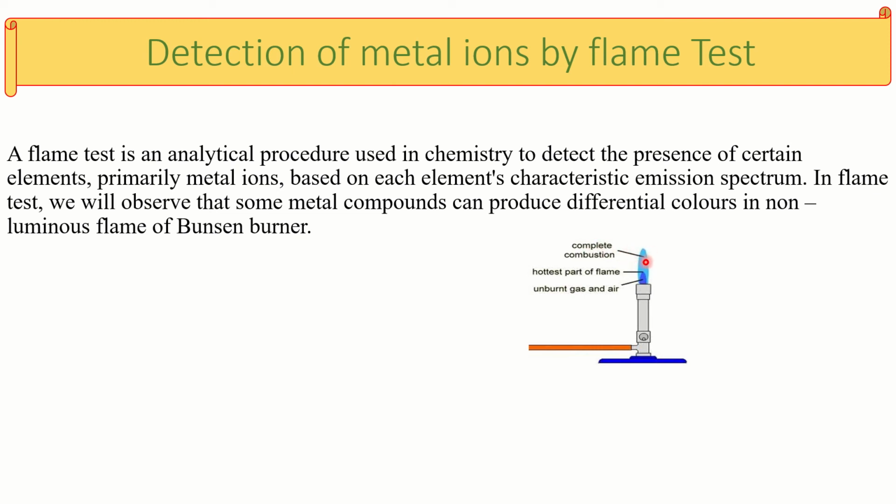While doing the flame test, you keep your stick having the salt on this outer zone, that means on this non-luminous flame. This outer zone is the oxidizing zone, so the flame test is done in this oxidizing zone.